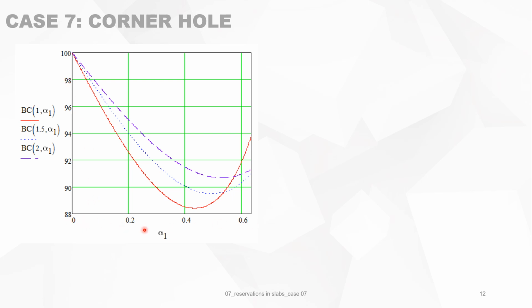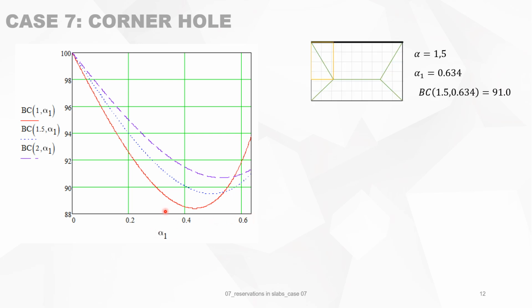On the bottom side, it is alpha 1, which is the size of the reservation with a maximum of 0.664. And on the y-axis is the bearing capacity. And we draw the bearing capacity in function of the dimension of the hole, but we draw the red line in function of square slab because alpha is 1.